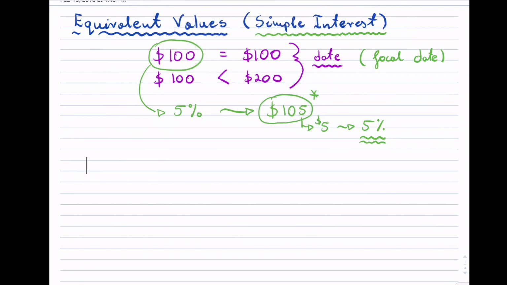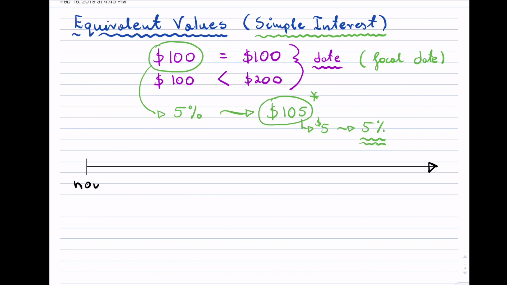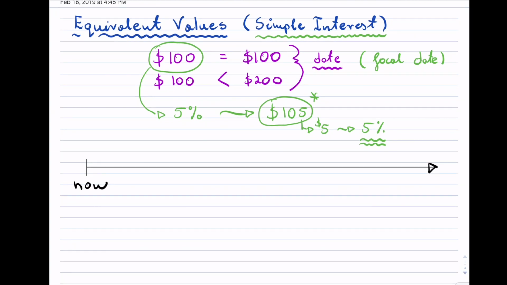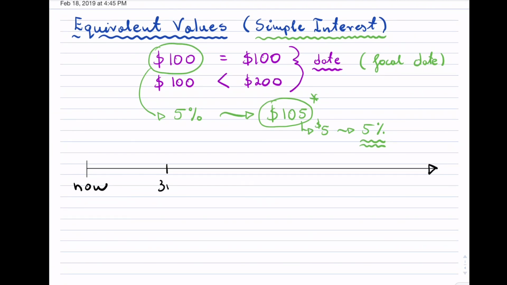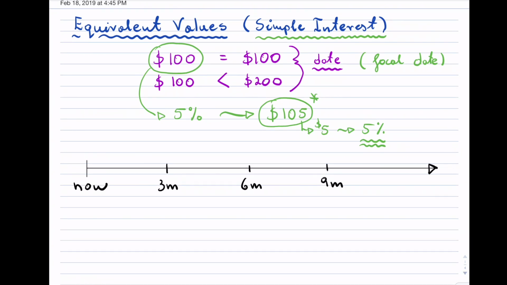If I have, for example, this timeline going, and this is, for instance, now, so today, let's divide it up, and let's say this is 3 months from now, this is 6 months from now, and then maybe 9 months from now, and this would be 1 year from now.